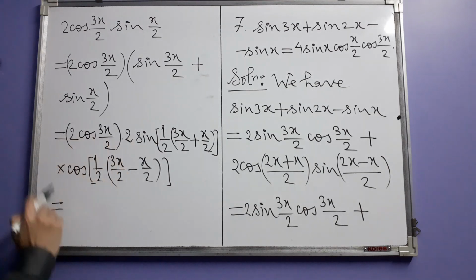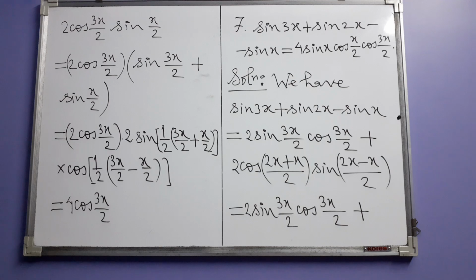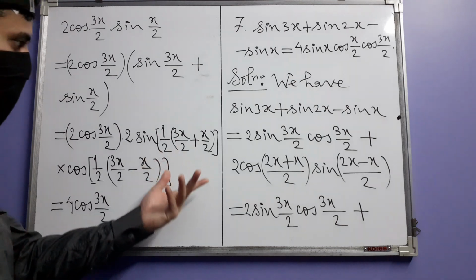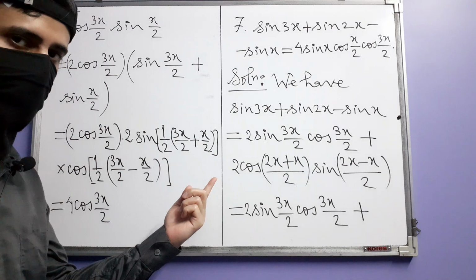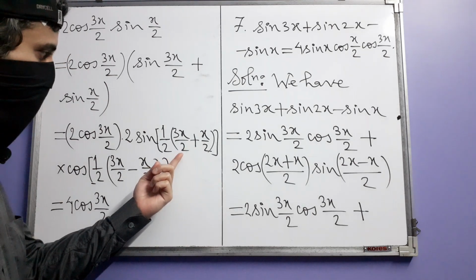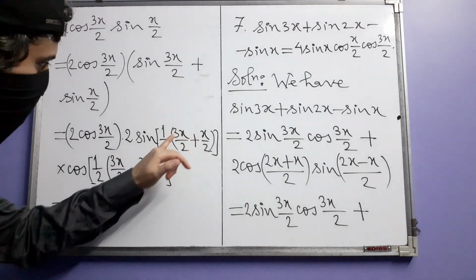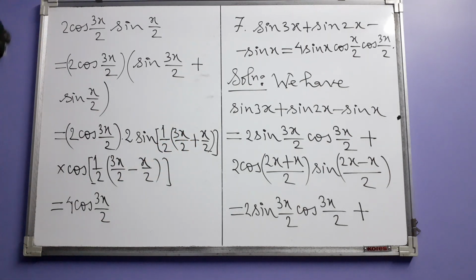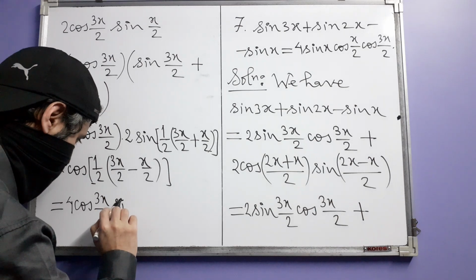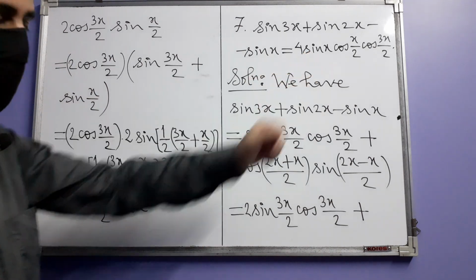Okay, so 2 times 2 is 4 cos 3x over 2. So now it's quite easy. 3x plus x is 4x. 4x divided by 2 is 2x. And that 2x divided by this other 2 gives you x. And that's why you get sin x. So you are getting that sin x.